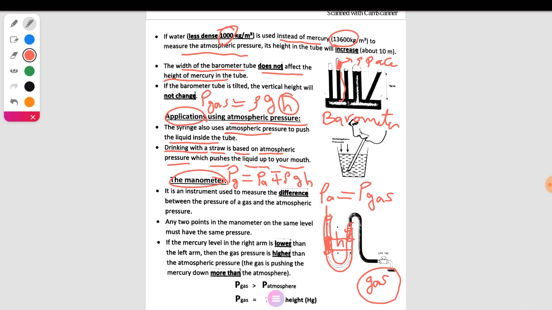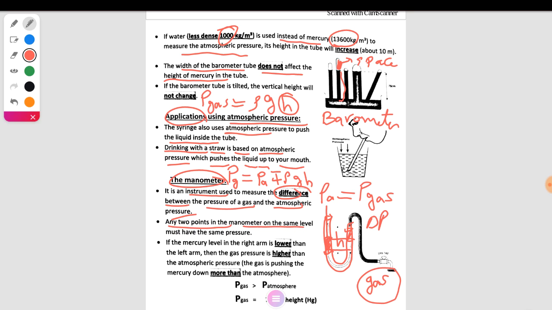The manometer is an instrument that can be used to measure the pressure of a gas inside a container, or the pressure difference delta P between P gas and P A. This is an instrument used to measure the difference between the pressure of gas and atmospheric pressure at any 2 points in the manometer.